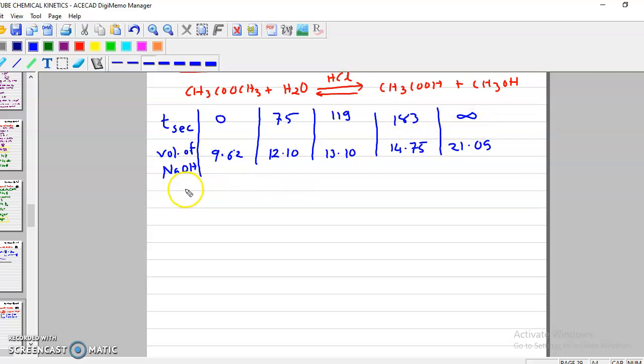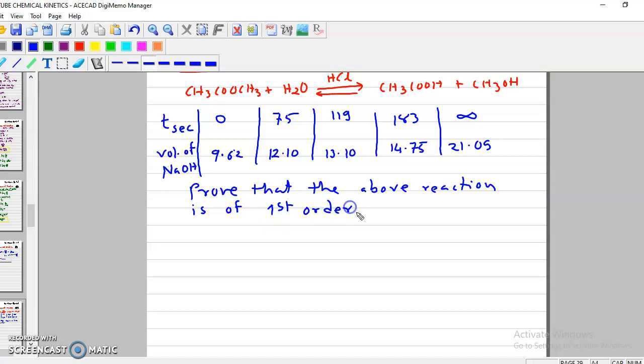Now prove that the above reaction is of first order. So we have to prove that this reaction is of first order. We have this information with us.